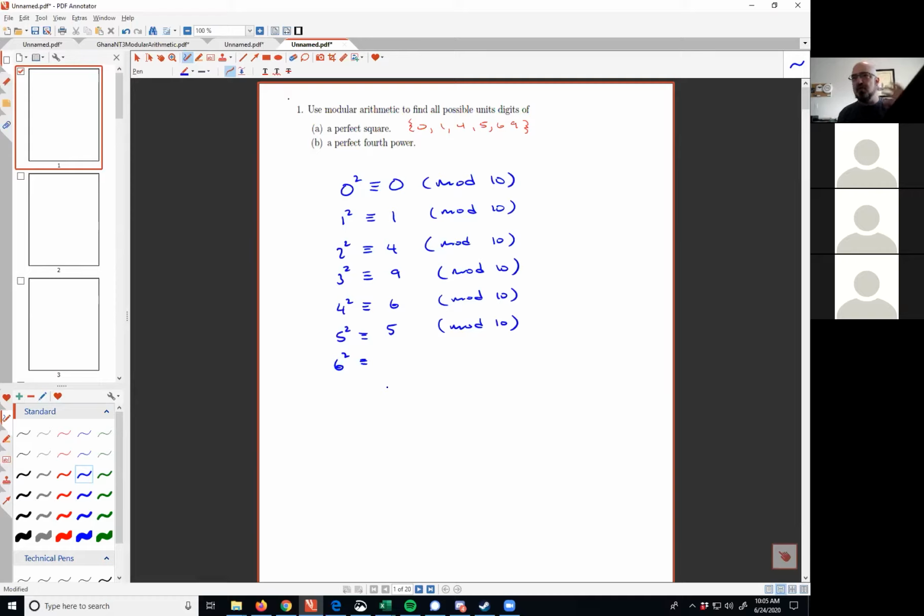Because every integer has one of the 10 modulo 10 residues. But we're squaring. So most of the time we want to work with residues because those are simplest. But every now and then it helps us to say, hey, this residue is congruent to this negative number. And that's actually more convenient because we have already done those calculations. And that's why we get that mirror image. At least 1 through 4 is a mirror image of 10 through 9.